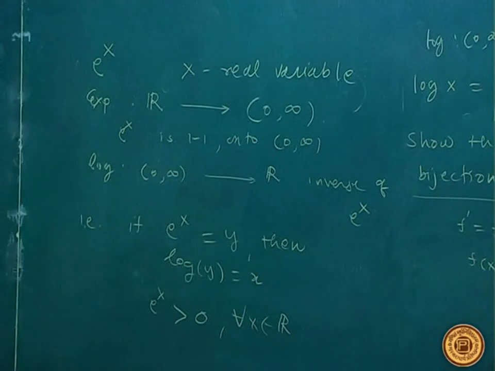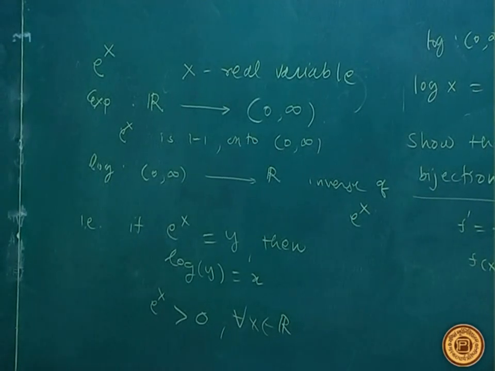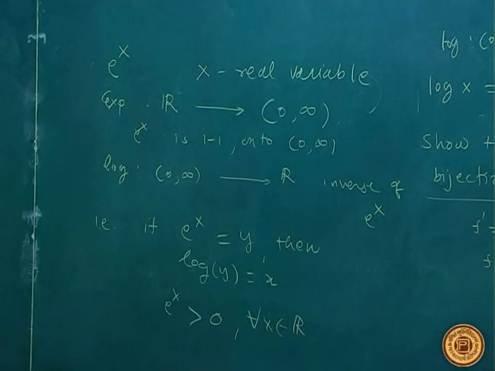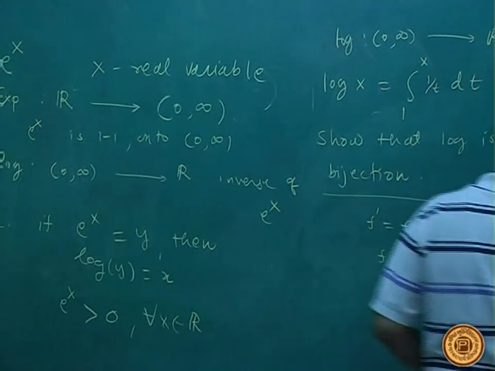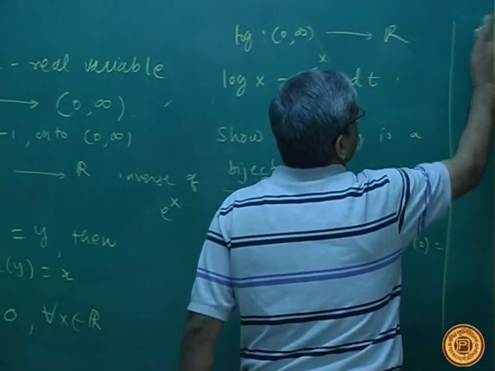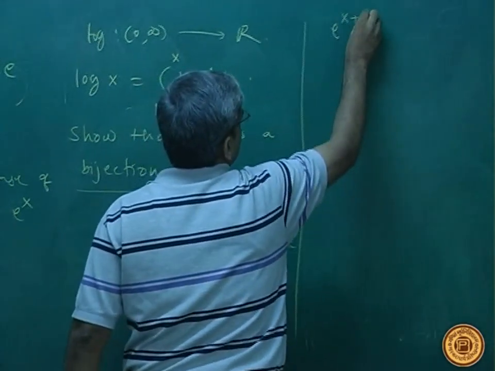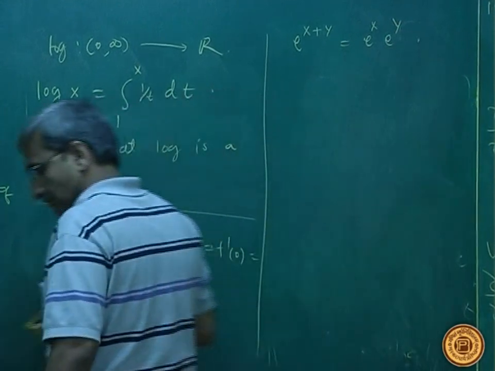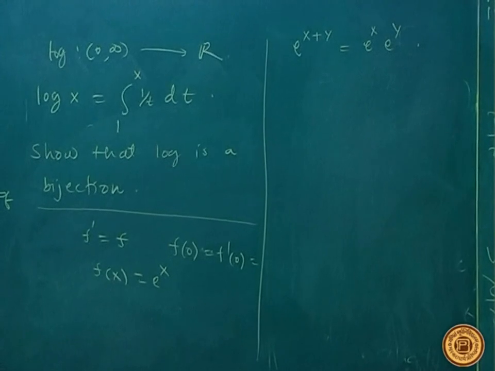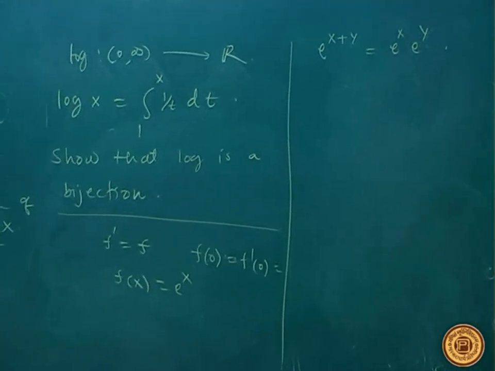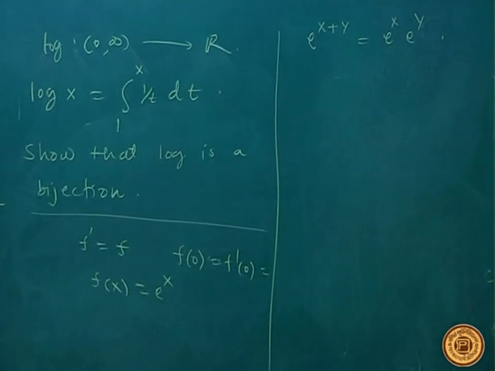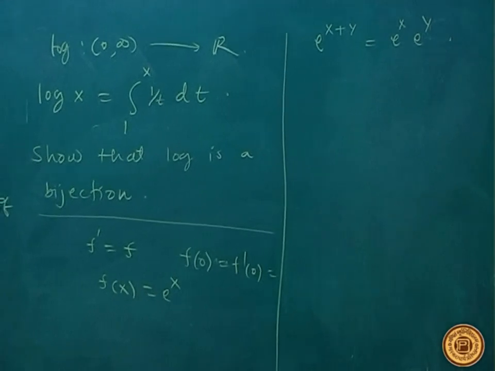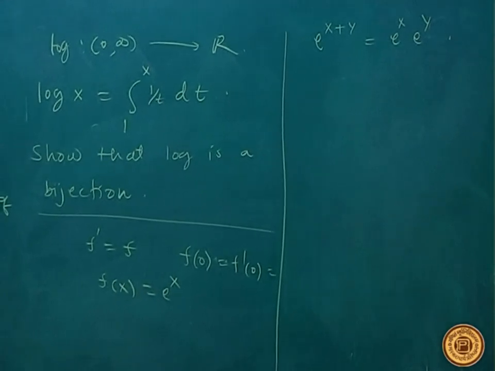The next property that you see there is that e to the power x plus y is e to the power x into e to the power y.